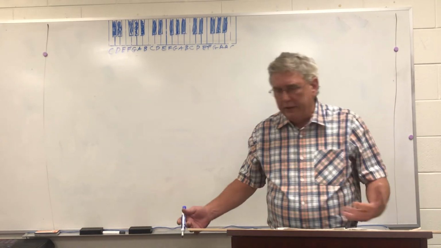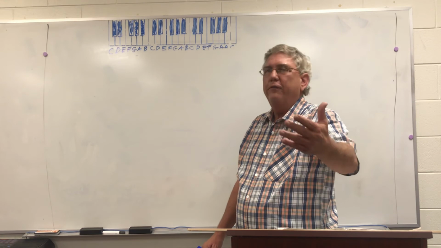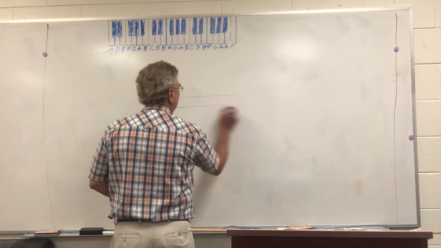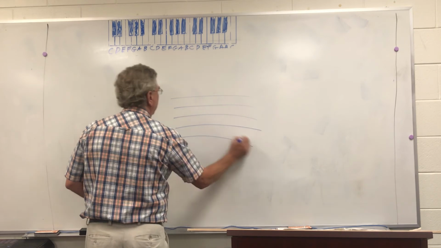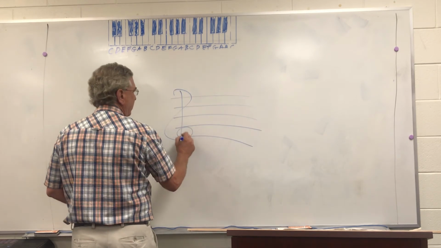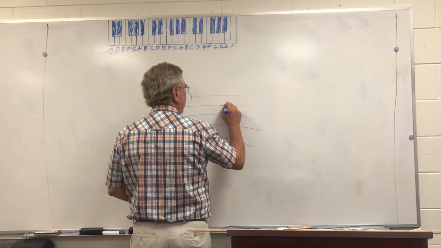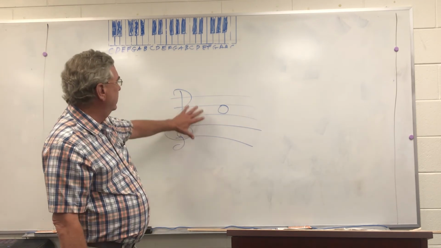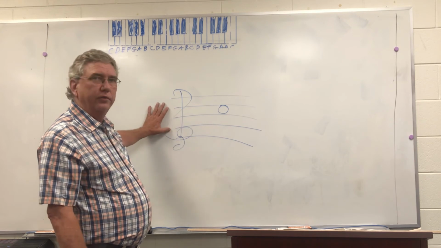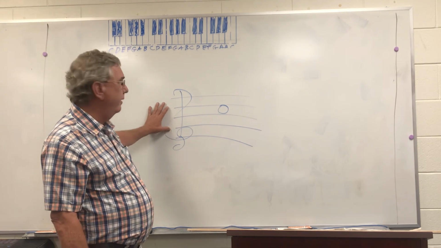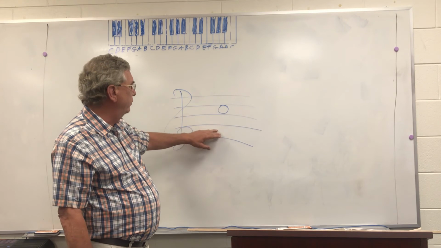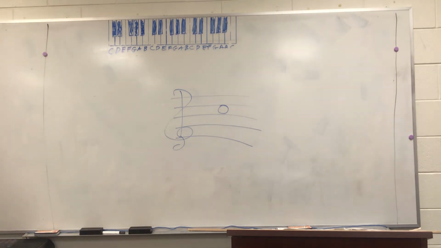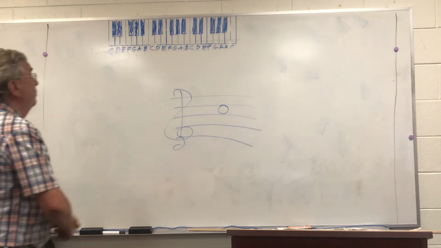So basically, if you were to be successful with this video, you should be able to look at this, know that, oh, this is in the right hand, it's treble clef staff, this note is in the third space, so I know to play this exact note on the piano.